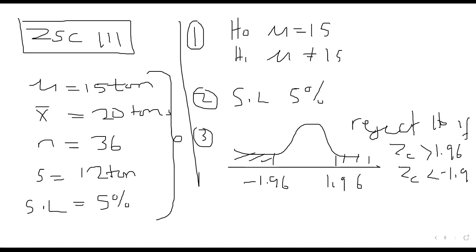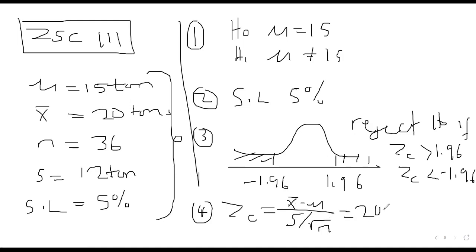And our fourth step is to calculate the Z. So how do we calculate the Z? Z is equal to X bar minus mu over standard deviation over root of n. So X bar here is 20. Mu is 15.